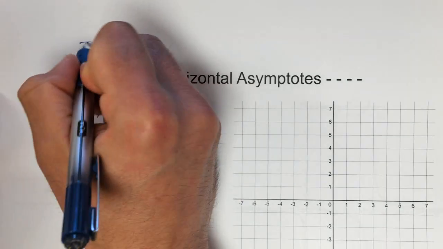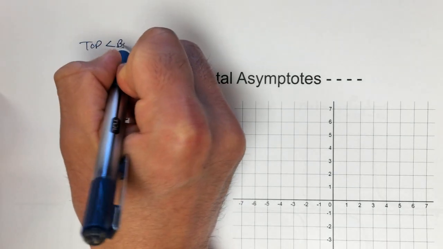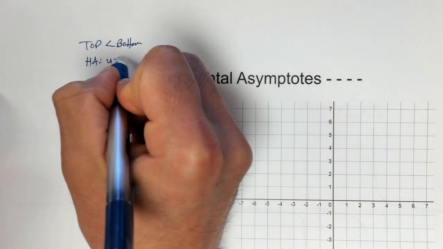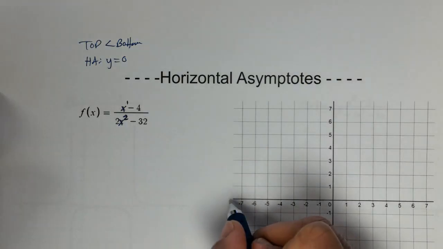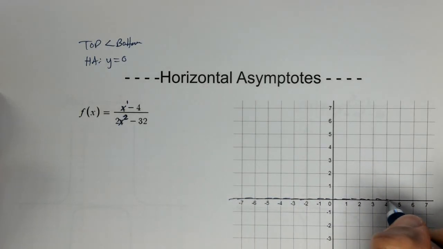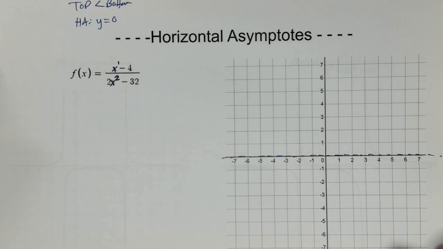So top is less than the bottom. I already know that the horizontal asymptote will be at y equals 0. It'll be a horizontal line right through the origin, through y equals 0. It's my imaginary line.